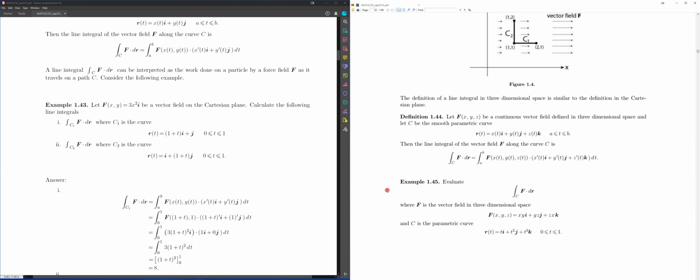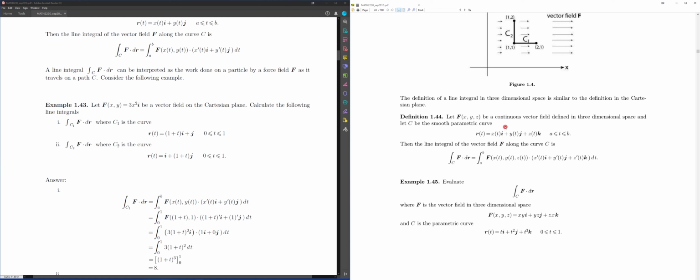Now what we want to do is consider a line integral of a vector field, but now your vector field is in three-dimensional space, and similarly a parametric curve is also in three-dimensional space. We saw examples of parametric curves in three-dimensional space. Remember the helix?